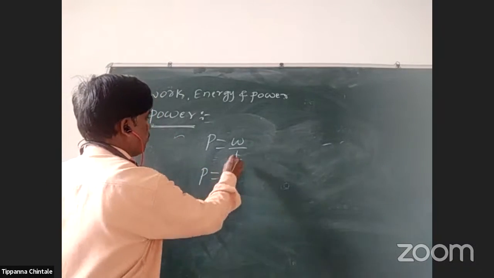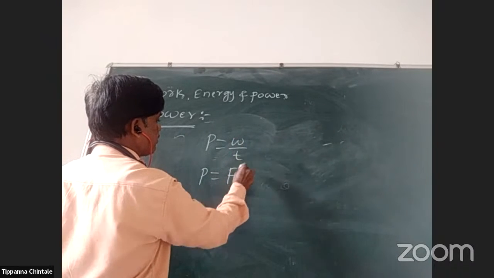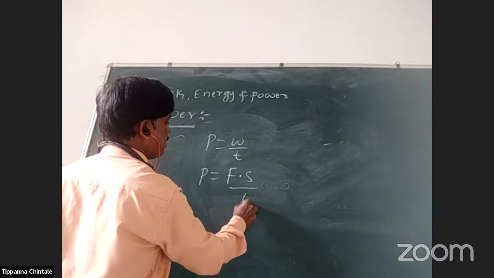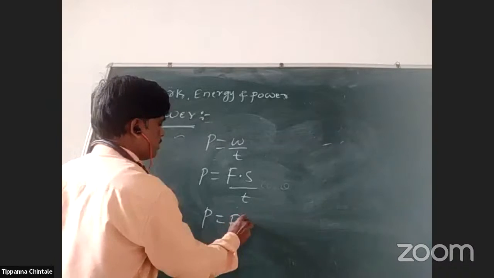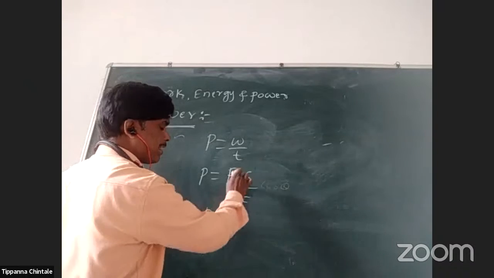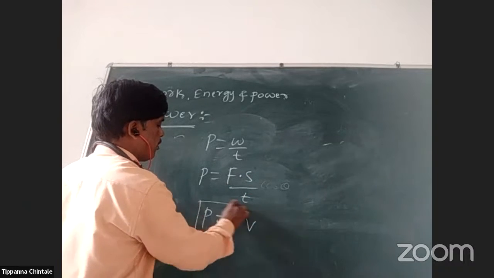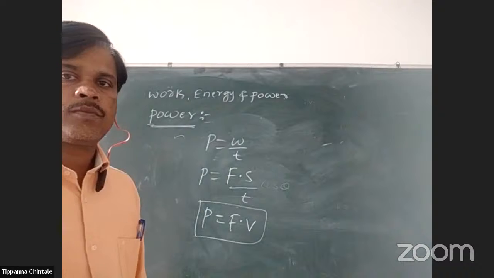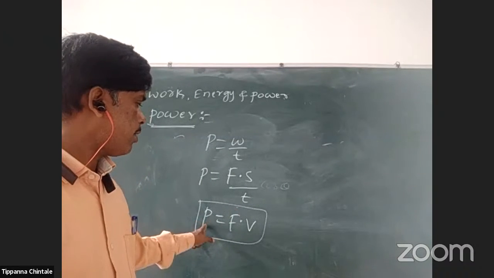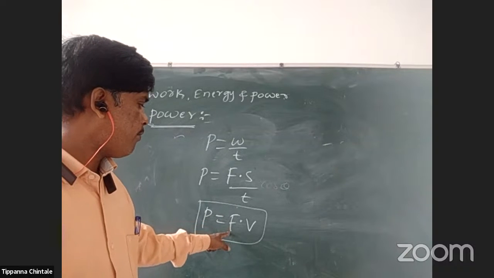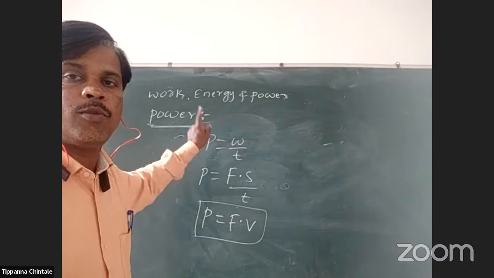P is equal to work, and work can be written as force into displacement S, divided by T. This can be written as P is equal to F as it is, S by T or X by T. Again it is distance by time, which means velocity. We can prove it this way in a simple way. So it is again the product of force and velocity, but the main formula is the rate of doing work, W by t.